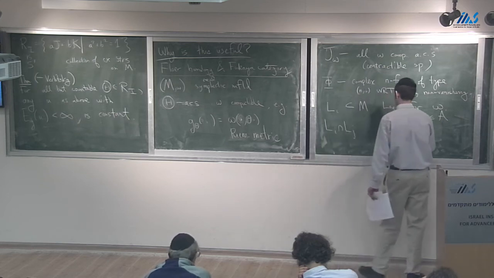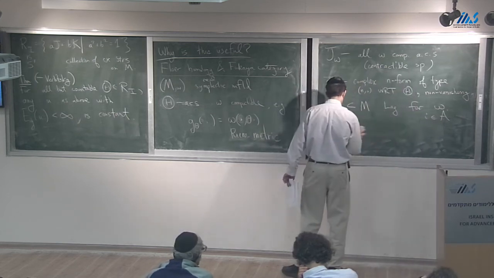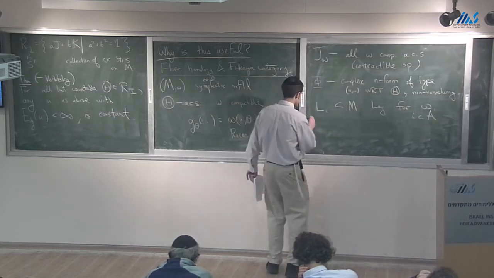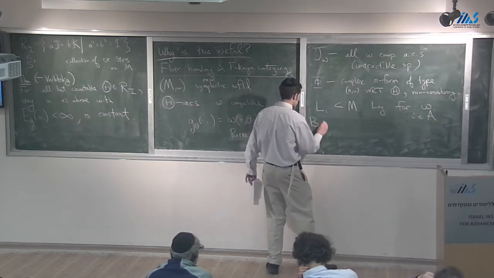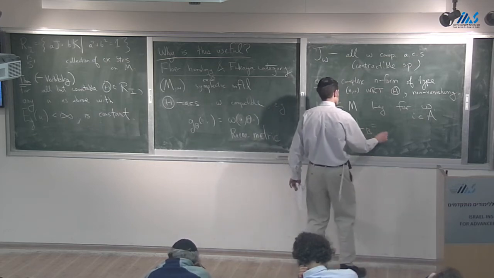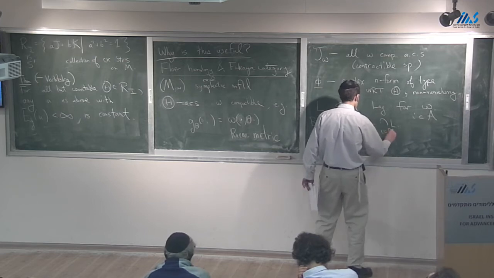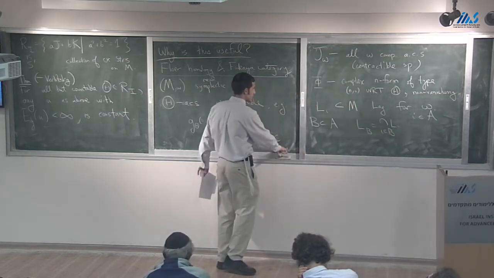In other words, I want to assume this for B some subset of A, so let's denote by L_B the intersection of the L_i.